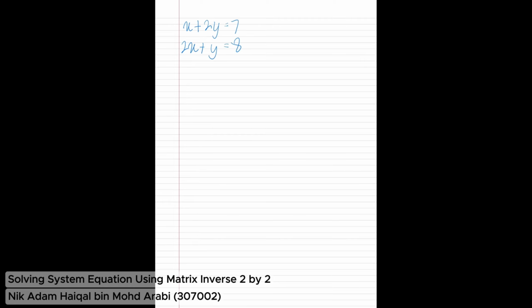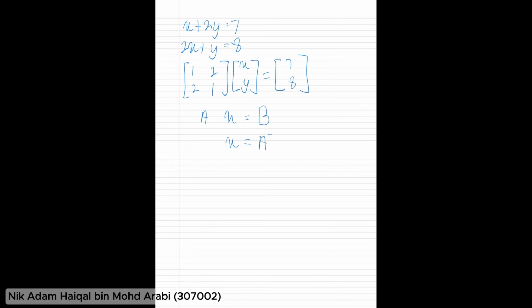Firstly, we should convert this system of equations to an augmented matrix and use the formula. The formula is x equals A inverse B. Now we should find A inverse.